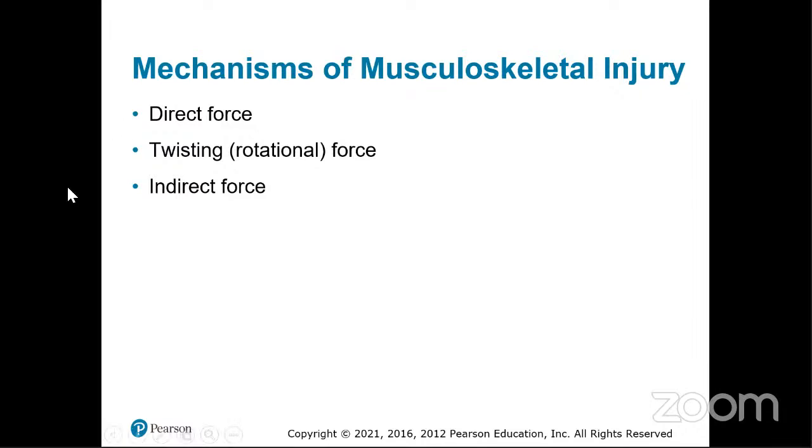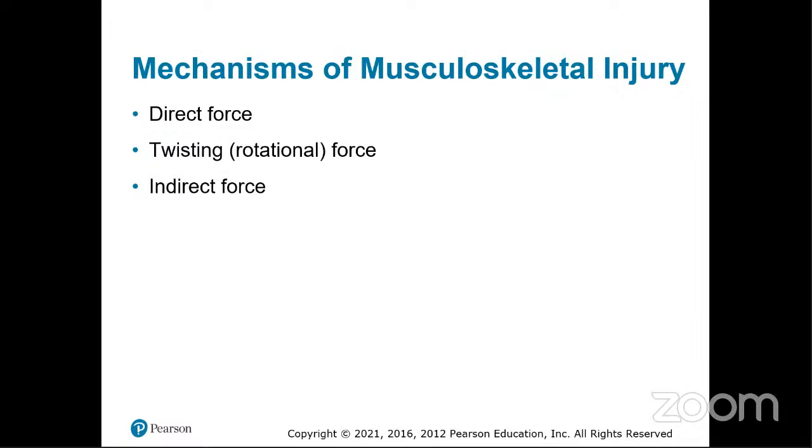Twisting or rotational force would be, I'm trying to think of an injury other than an assault, but if somebody grabs your arm and twists it, or a farming accident, so you get your hand in a PTO or any piece of industrial equipment, and then it'll grab it and just start twisting, and we're twisting a rotational force.